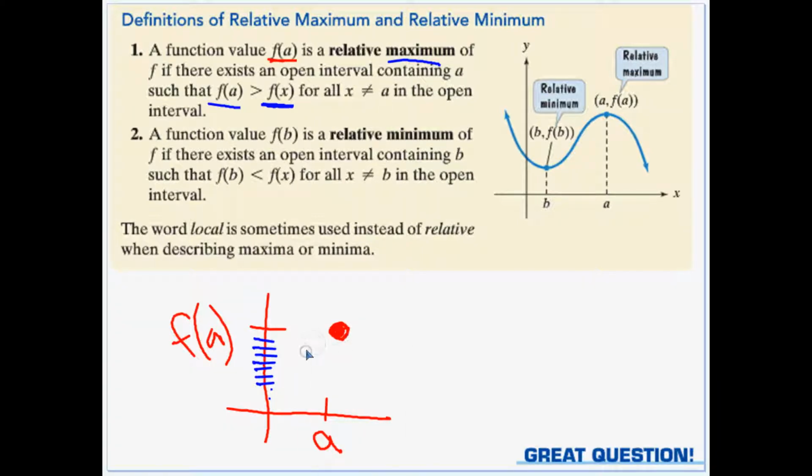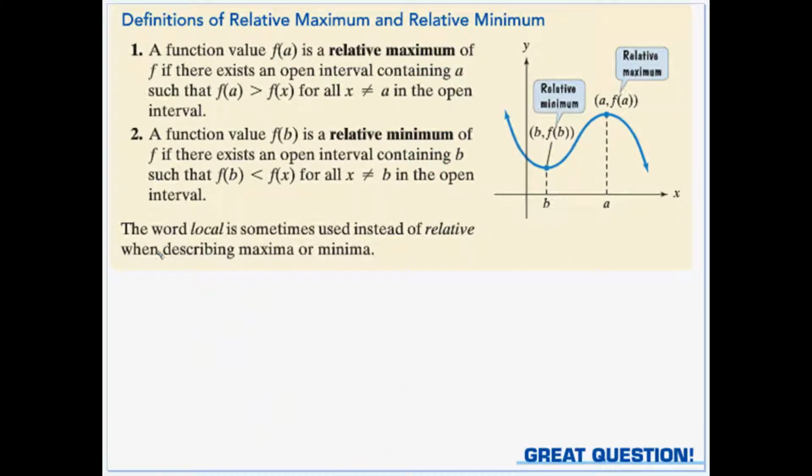So I could put some points like down here. They're all going to definitely be below f of a. So if I connect them, that's got to be the peak. That's got to be a maximum. And then if you switch the inequality, that turns into a min. It means here we're at the bottom of a valley. All the other points around it are higher up on the y-axis.